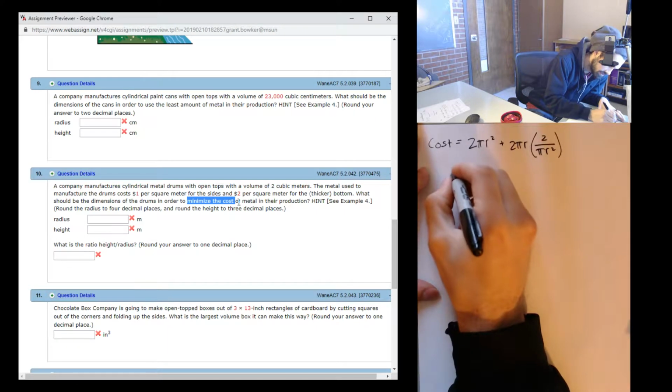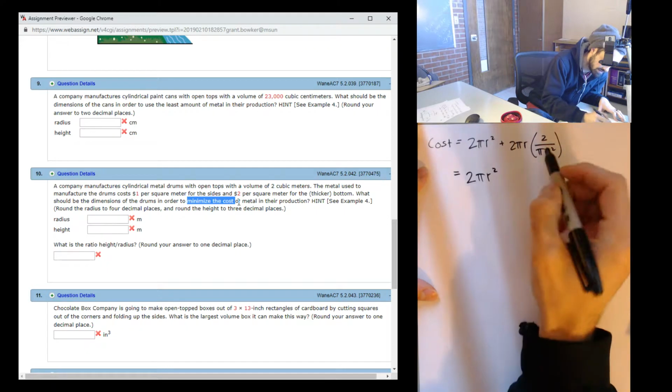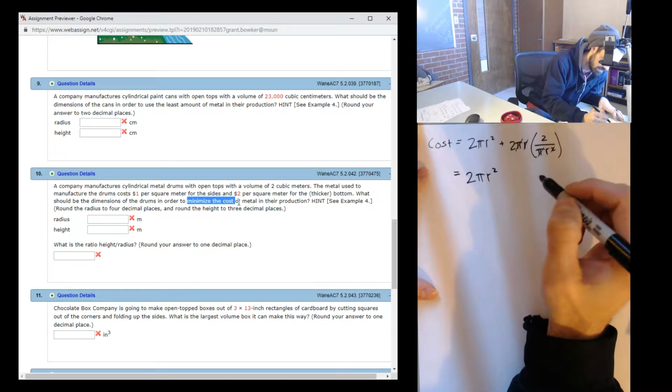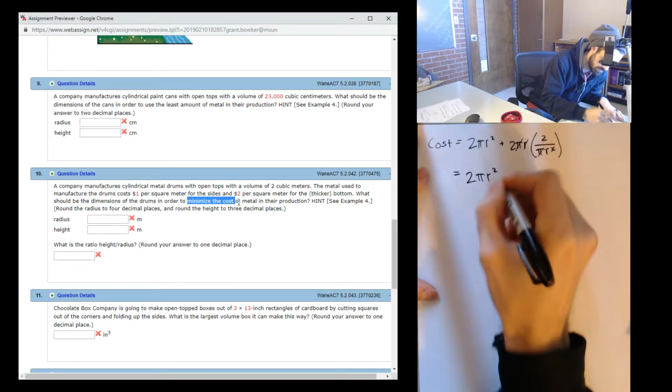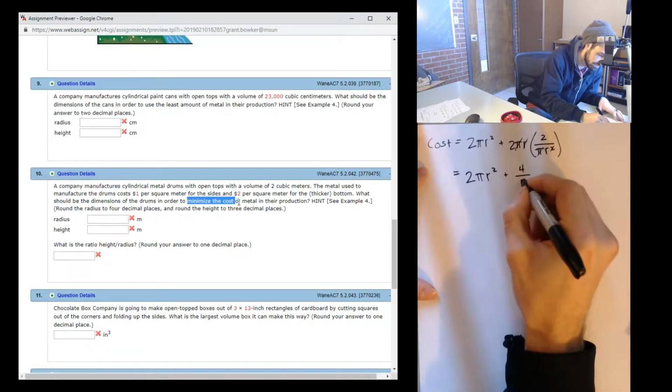Let's do some housekeeping. So 2 pi r squared, pi downstairs, pi upstairs, r upstairs, r downstairs, and then 2 by 2, so that's plus 4 over r.